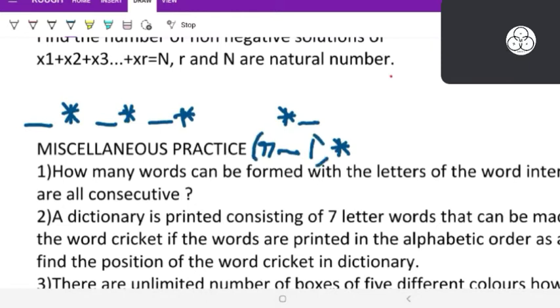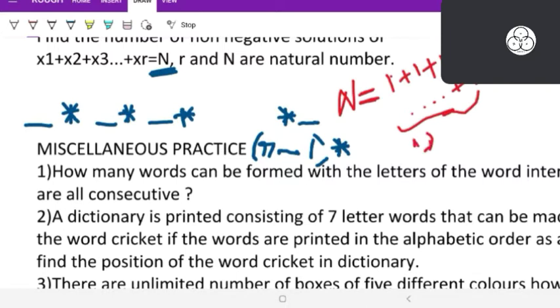Now, what is this n? This n can simply be visualized as 1 plus 1 plus 1 plus 1 plus 1, up to n times.